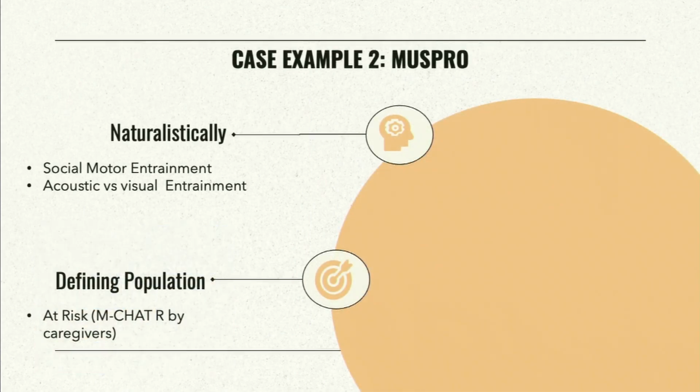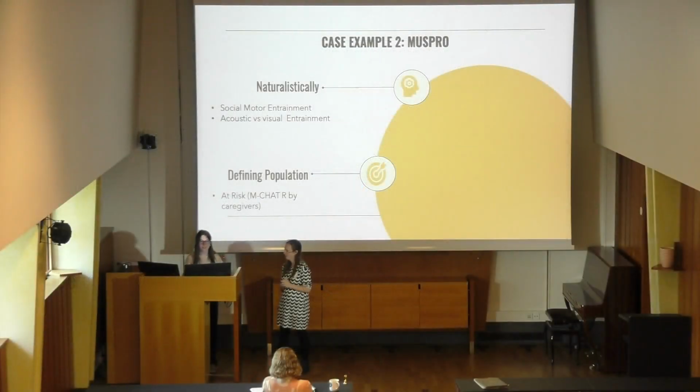What I mentioned before was one of the challenges: how to define entrainment in naturalistic settings and with this population. For this group, we've established and are defining a social motor entrainment, meaning that they will always start with the whole group, and then move on to training in pairs, from very big to smaller groups, also because of the age; they're very young.